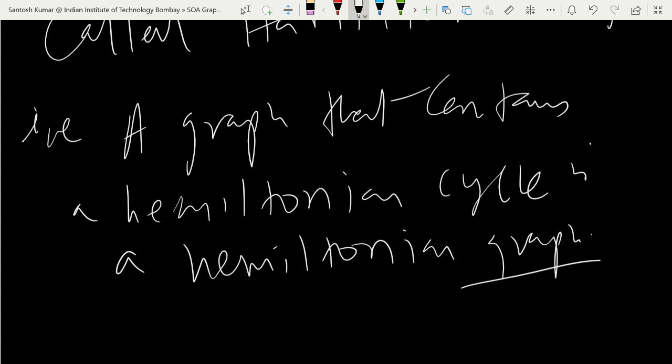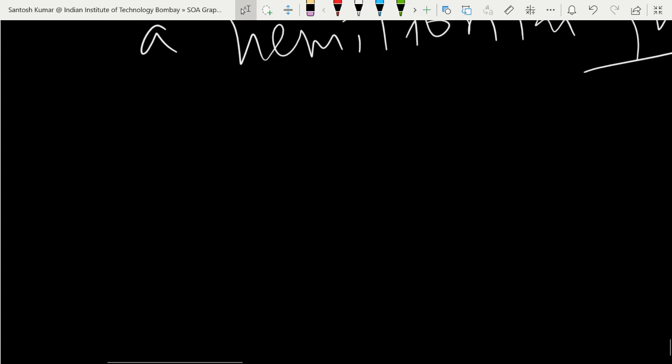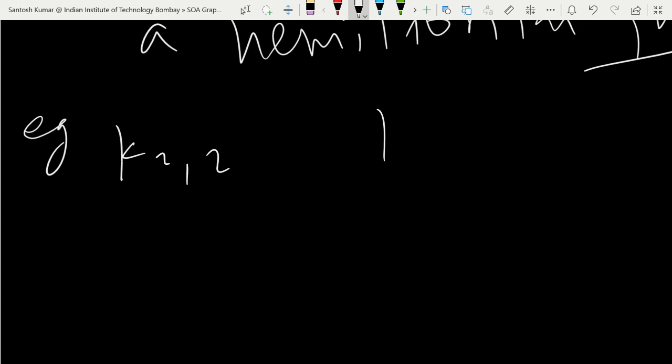Okay, so if I ask you, I'm giving you two examples. You have K22 and you have K23. Tell me which one is Hamiltonian and which one is not Hamiltonian. So you check and tell me, K22 and K23.